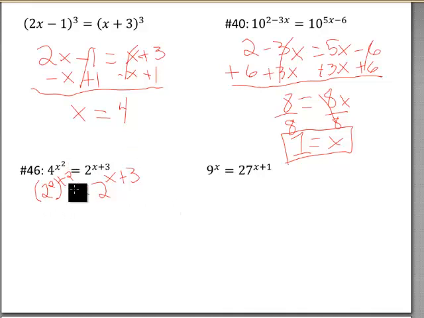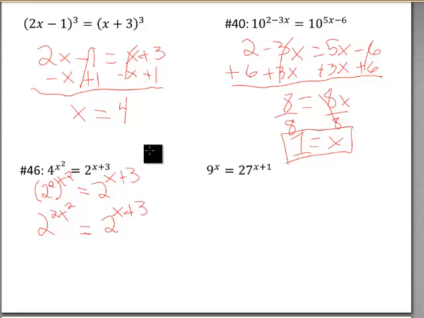So now if we look at this, go a few properties back, if we have this situation, we know we can multiply the exponents. So 2 to the 2x squared equals 2 to the x plus 3.